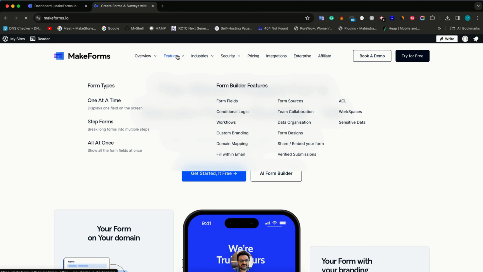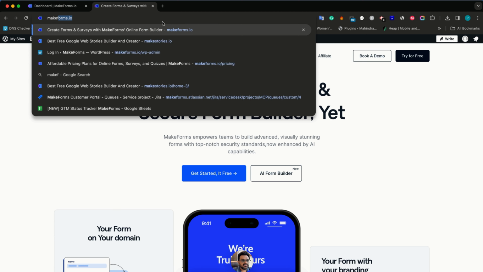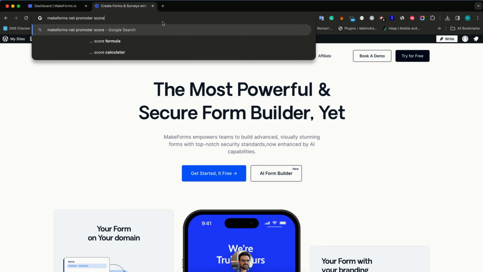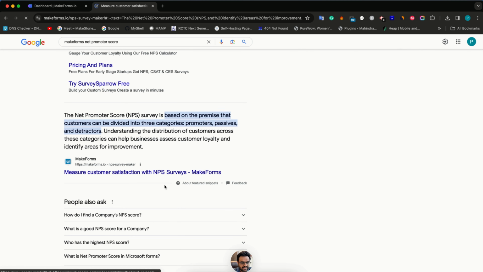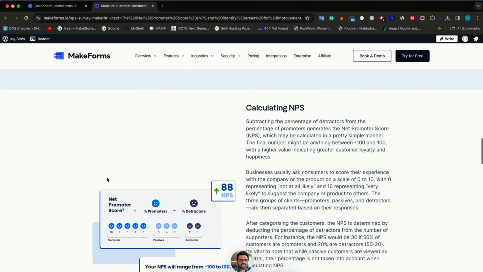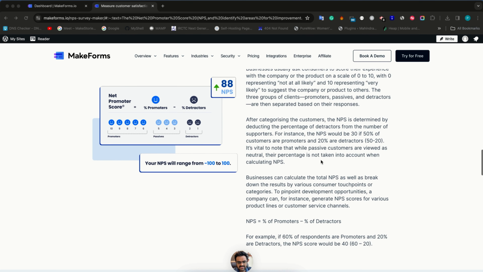Again, the things that I was talking about: the promoters, the passives, and the detractors, and how you would calculate the NPS.